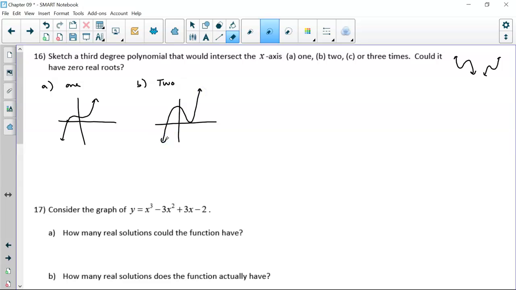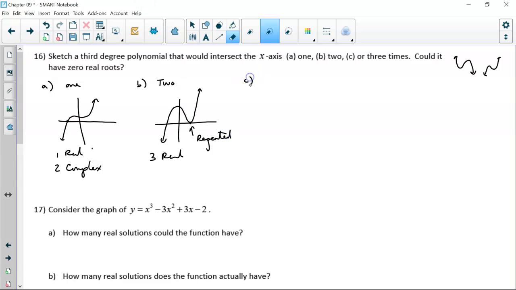Now that would be 3 real solutions. This would actually be 3 real solutions with a repeated solution. So for a total of 3, but one of them is being repeated.